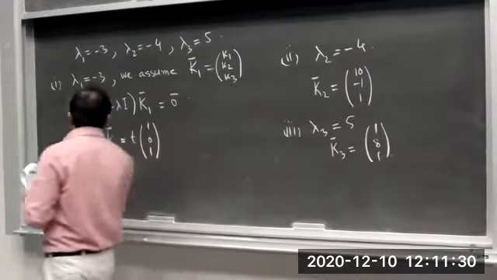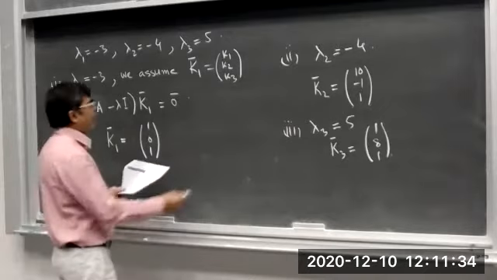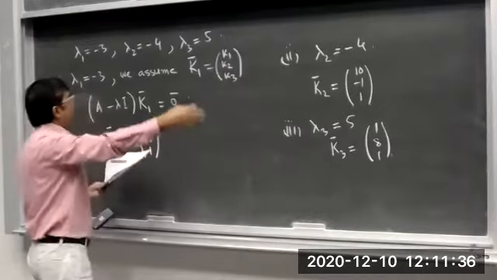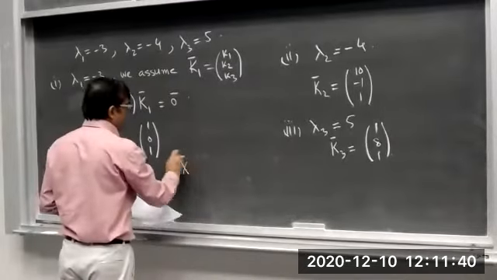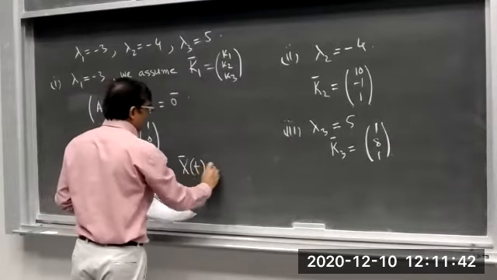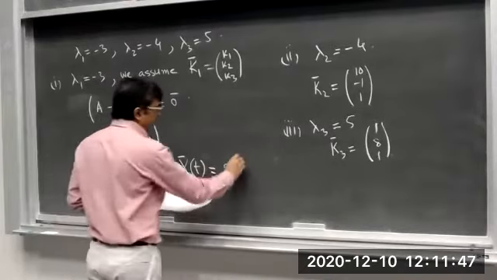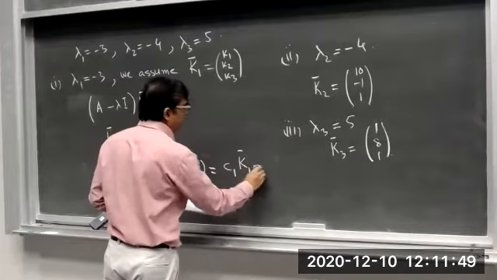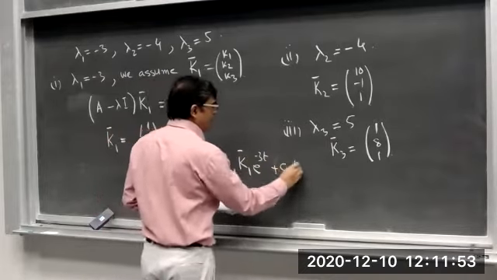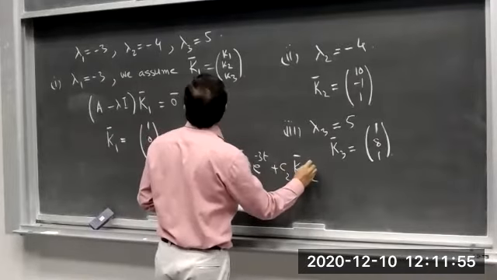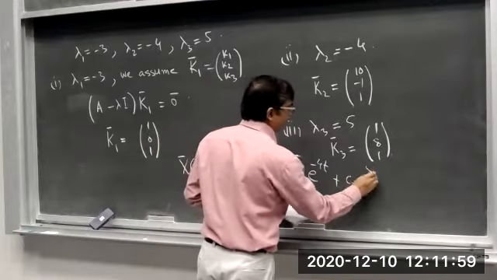So we don't need these constants, these parameters here. If we obtain 3 eigenvectors corresponding to 3 eigenvalues, which are real and distinct, we can write the general solution in this way: C1, K1, e to the power lambda 1, which is -3t, plus C2, K2, e to the power -4t, plus C3, K3, e to the power 5t.